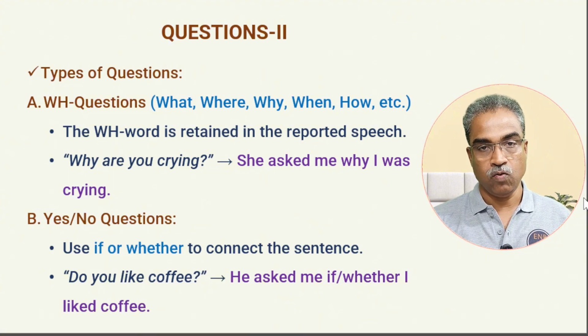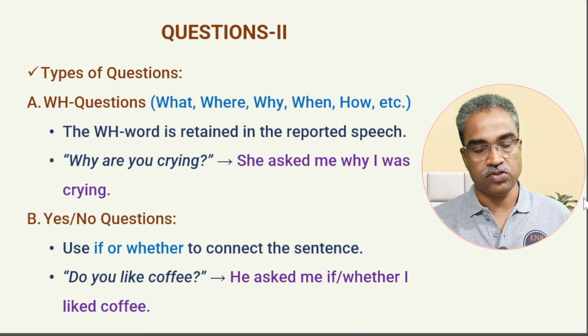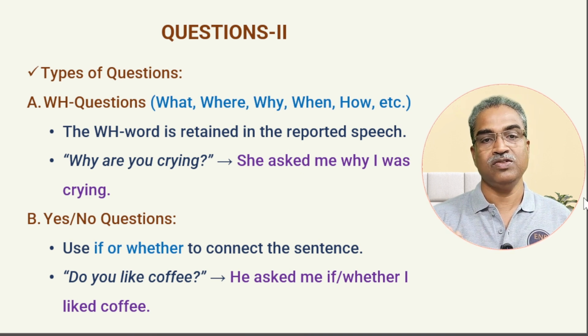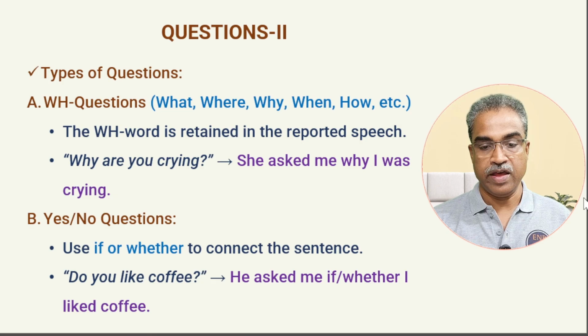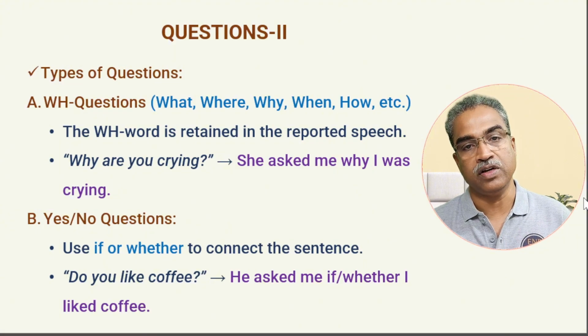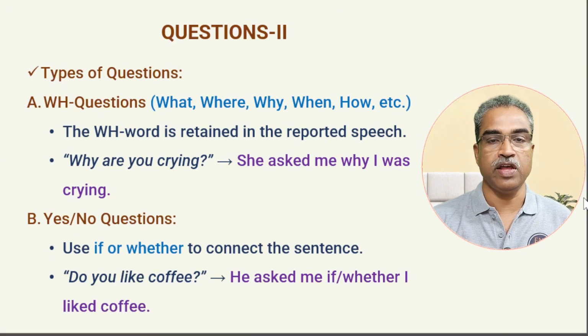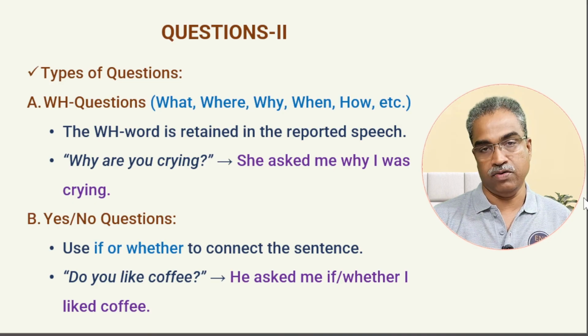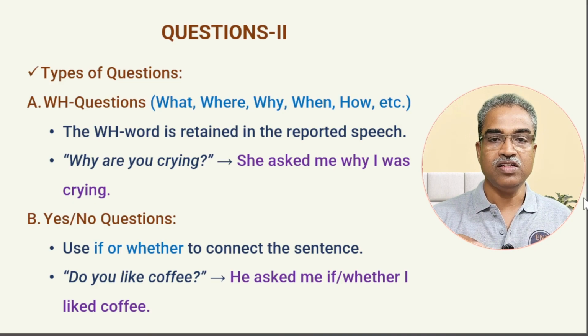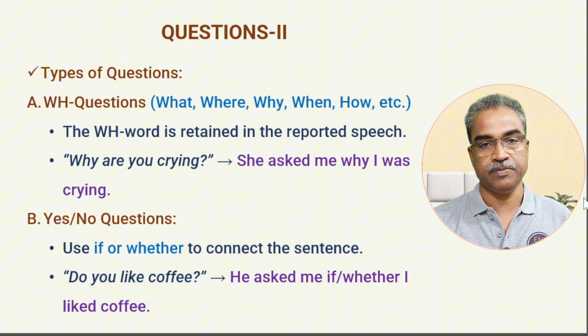Now, what is a wh-type question? Wh-type questions have words like what, where, why, when, even how, etc. Any question word that begins with W or H, including how, which doesn't start with W, but still. All these words are question words.